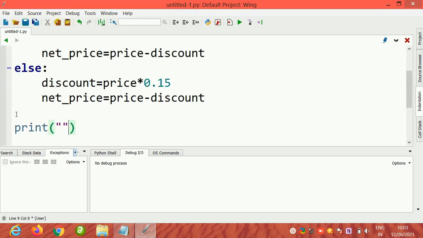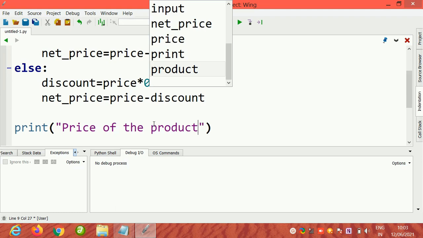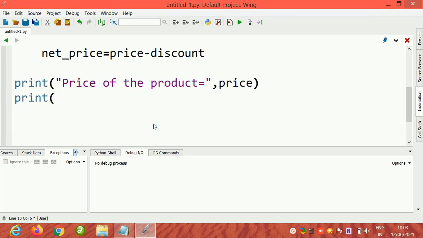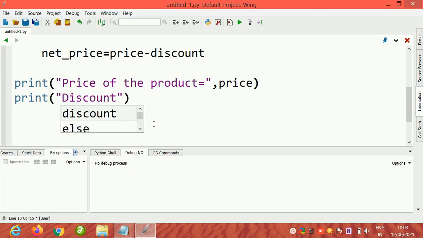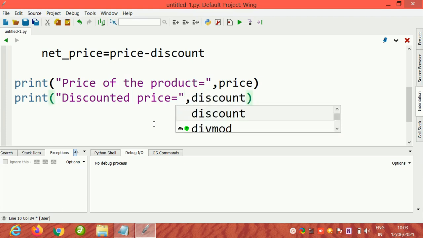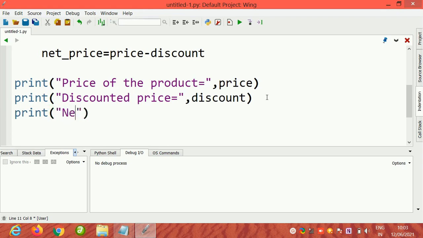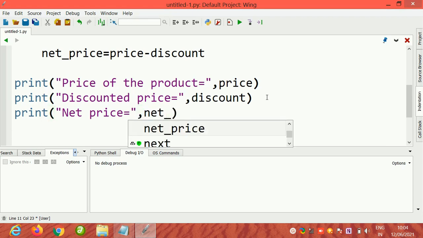After else body you have to print, that is I want to print the price of the product first, price of the product equals to price, then print discounted price equals to discount, then print net price equals to net_price.